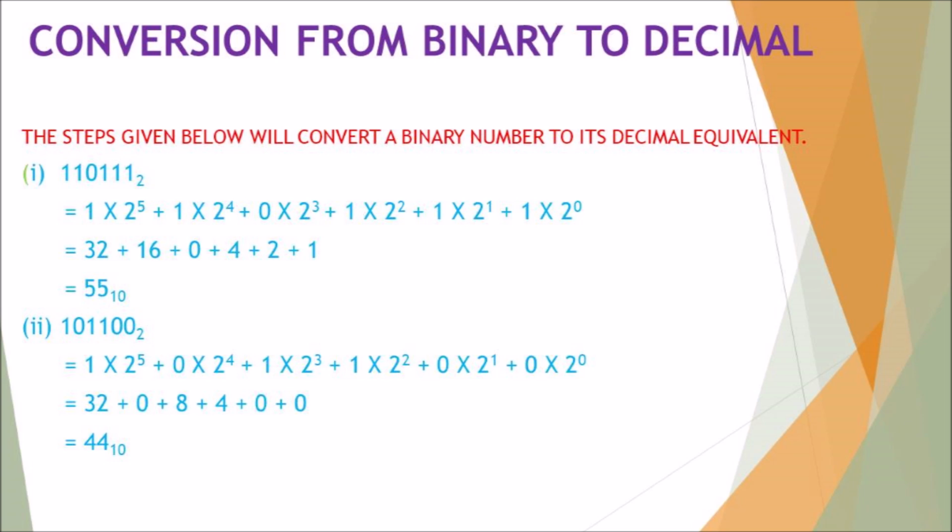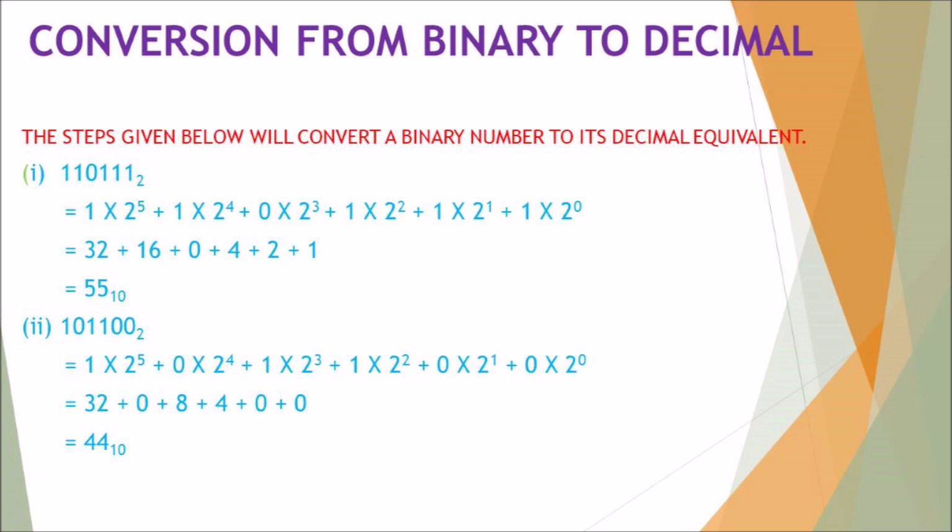You multiply all the terms and finally add all the resultant values, and 55 is the decimal number. So for the given binary number, the equivalent decimal number is 55, and you have to mention the base value.